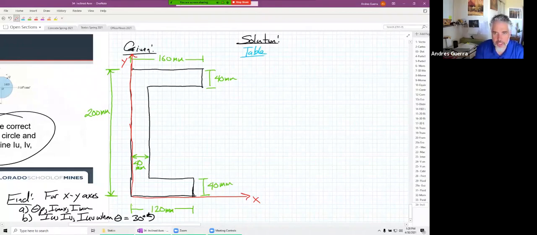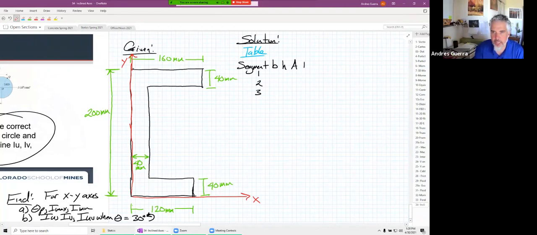The table is going to be the first thing, and this table is going to include each segment. So we're going to have segment 1, segment 2, and segment 3. Then we're going to find B, and we're going to find H. We're going to find the area. And then we'll also need to find in here our Ix prime.